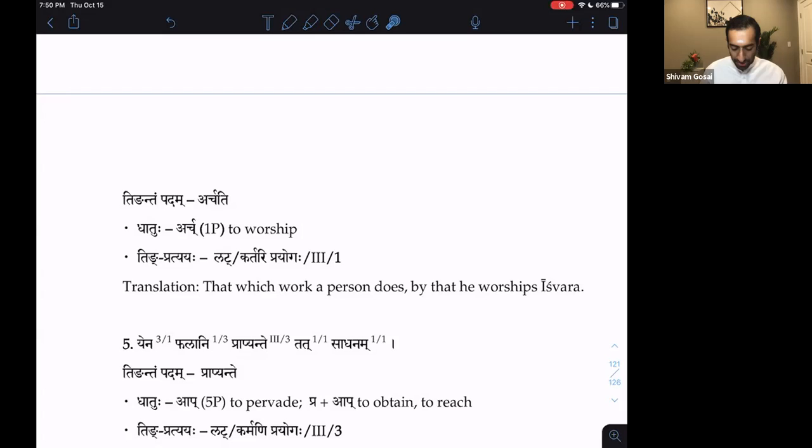Let me break this down a little bit more. Which work a person does: yat karyam purushaha karoti. Right, this is our yad phrase. Yad karyam purushaha karoti. Which work a person does, tena, they take it as karane tritiya, by that work, he worships Ishvara.